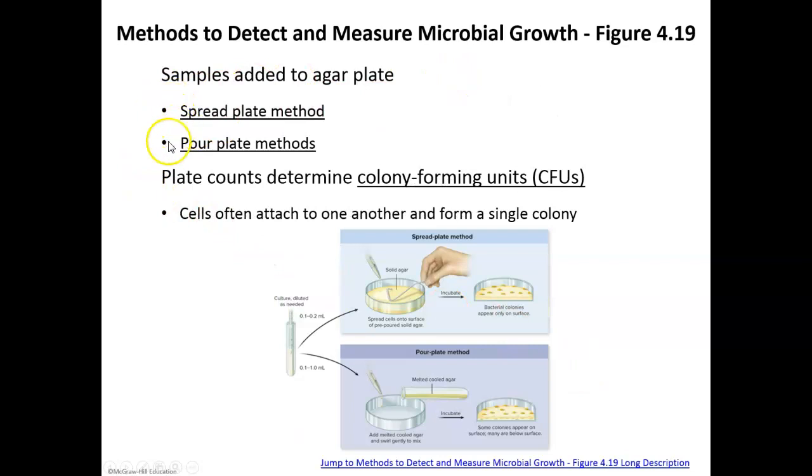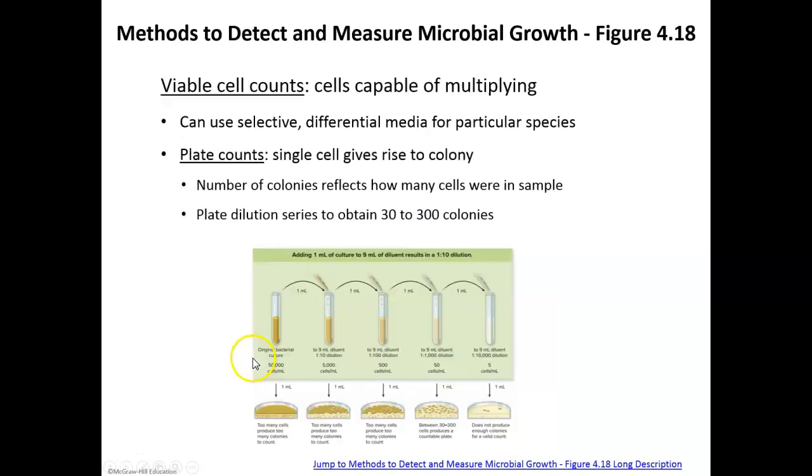A spread plate method or pour plate method helps us to identify only colony forming units. So in this case, cells are often attached to one another, and what you do is take a solution that has been diluted and spread it around. Here we have the dilutions.